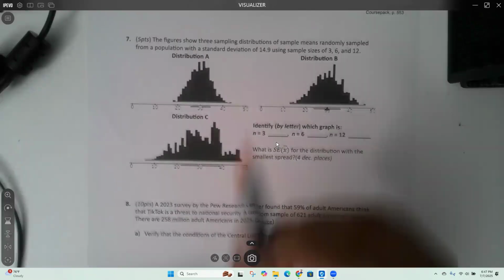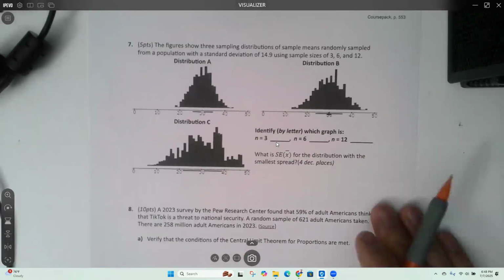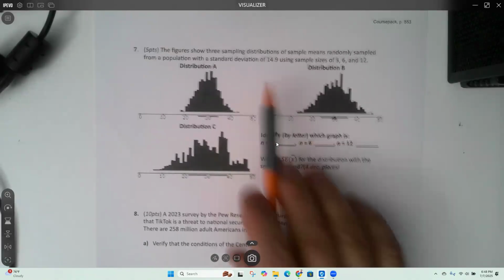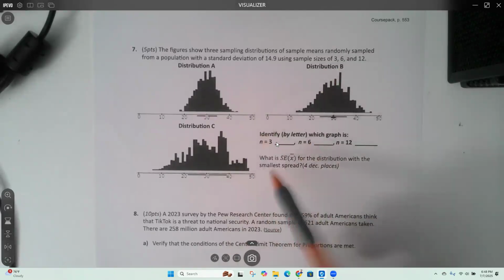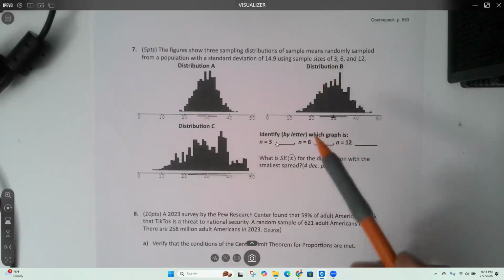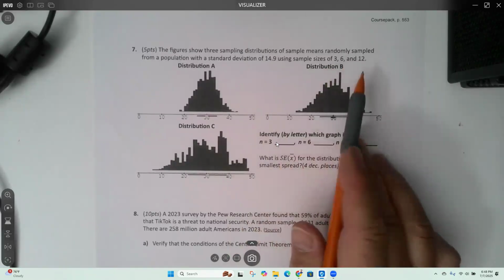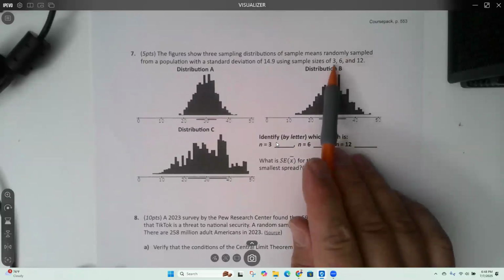All right. The figures below show three sampling distributions of sample means randomly drawn from a population with a standard deviation right there, with sample sizes 3, 6, and 12. Those are terrible sample sizes. None of those are bigger than 30. If you were trying to follow the central limit theorem, you would need those to be bigger than 30.